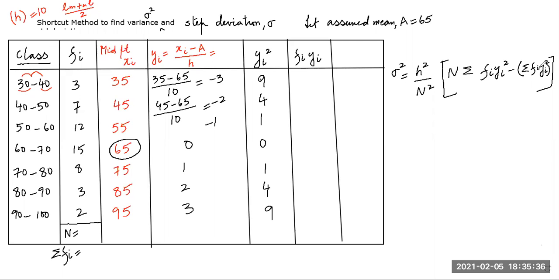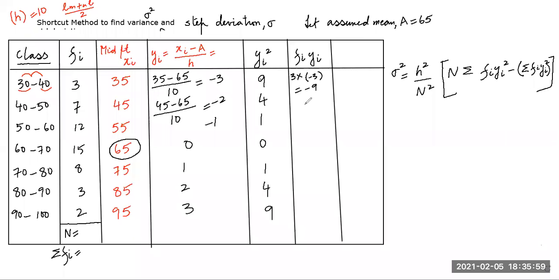See here, we want fi yi. Am I right? Okay. So students, what will be fi yi? Fi is 3, and 3 into what is yi? That is minus 3, right? So this is equal to minus 9.